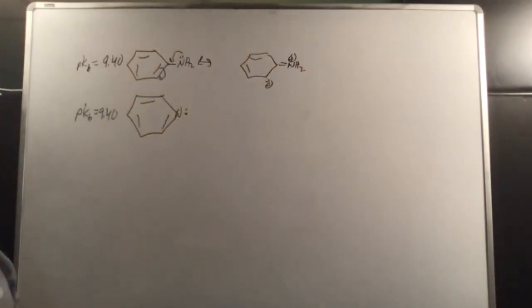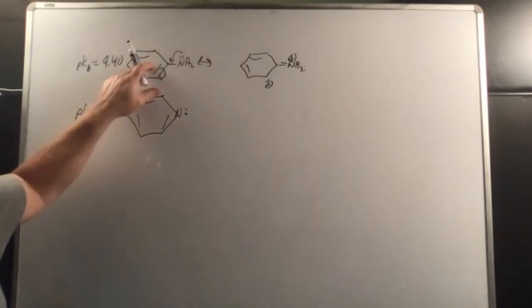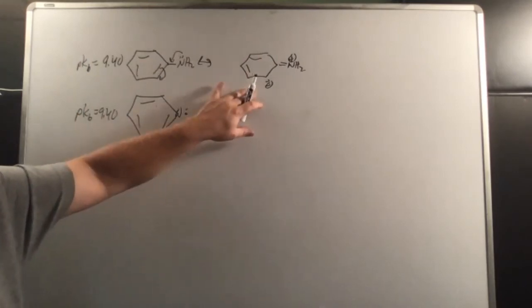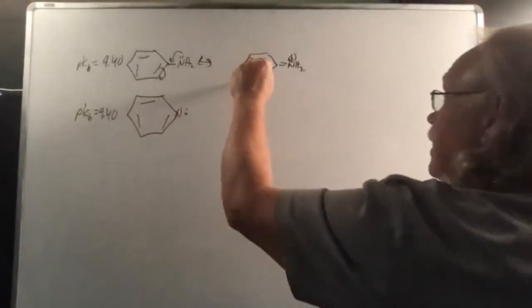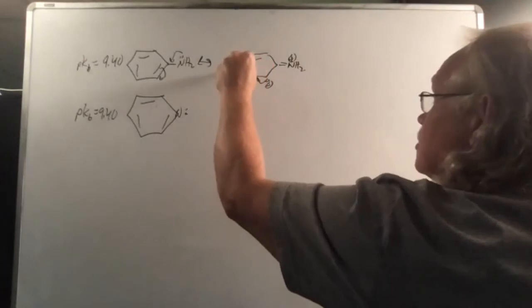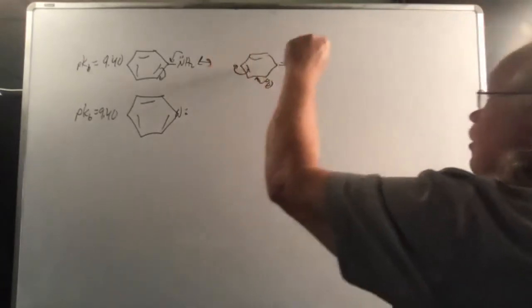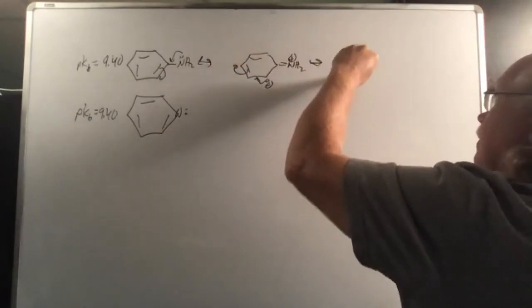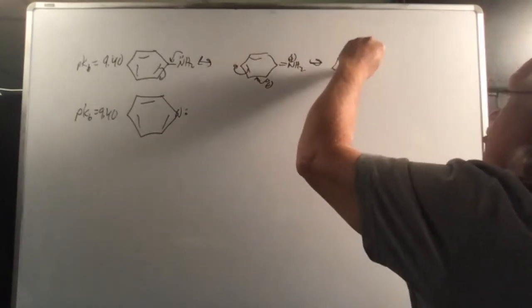And if I were asked you on the test which one of these two resonance structures is more important, you would say this one, because it has no charge separation. But this resonance structure at least is somewhat important. Now we can go through and move this pair of electrons down and this pair of electrons up to get this resonance structure.